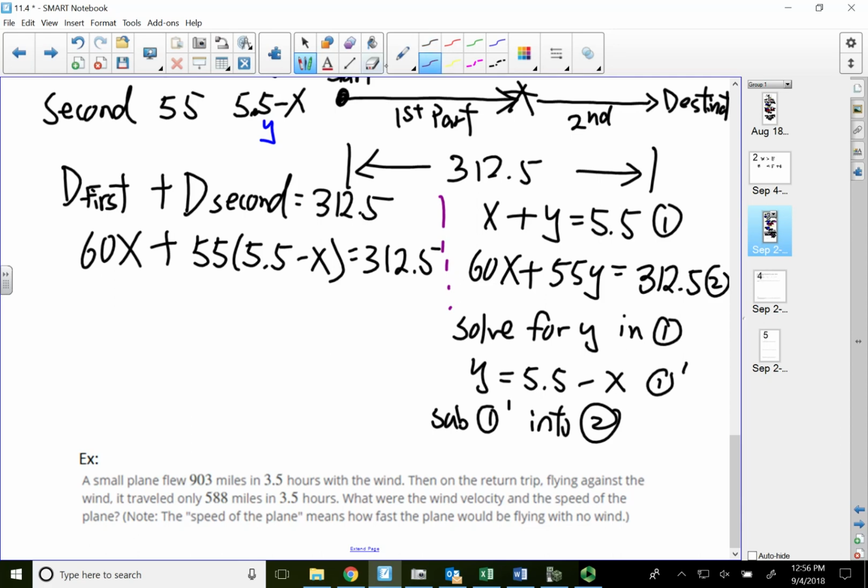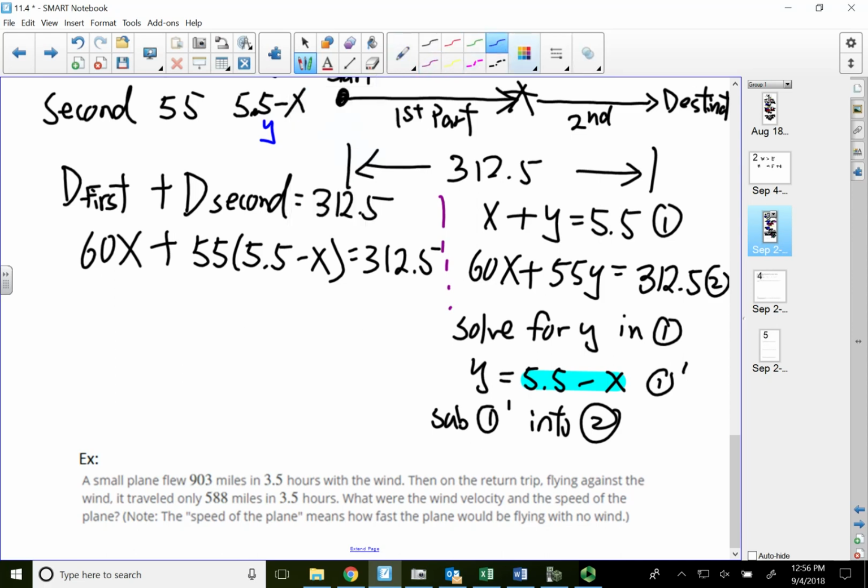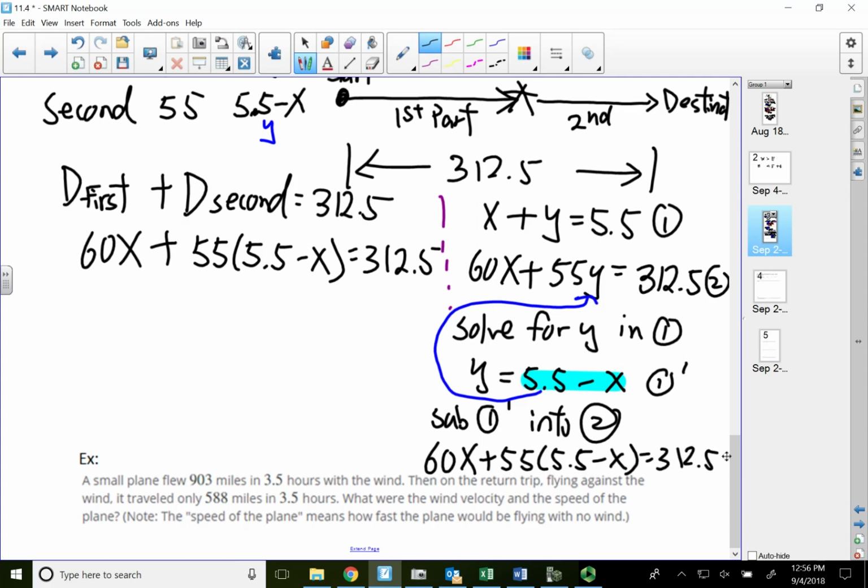Wherever I see a y, I'm going to take my 5.5 minus x and substitute it into the second equation. So my equation now will be 60x plus 55 times (5.5 minus x) equals 312.5. This equation is the same as if I would use one variable.